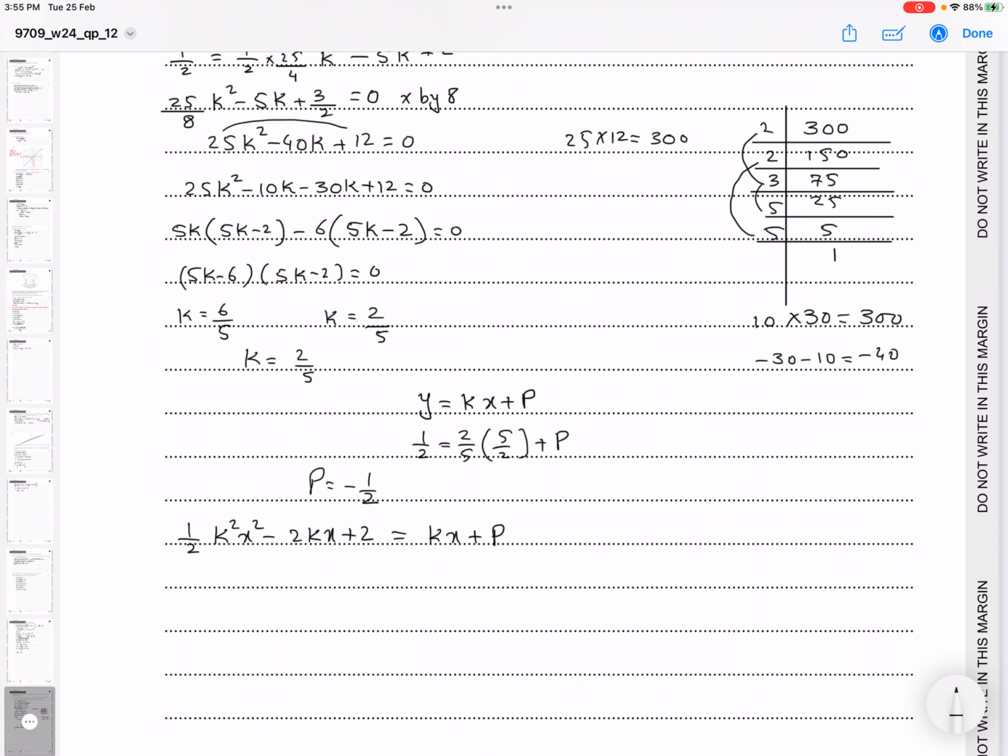So from here, simplify it. 1 over 2 k squared x squared minus x squared... minus 2kx minus kx plus 2 minus p equals 0. So 1 over 2 k squared x squared, I might take x common. So 2k plus k is 3k, plus 2 minus p is equal to 0.